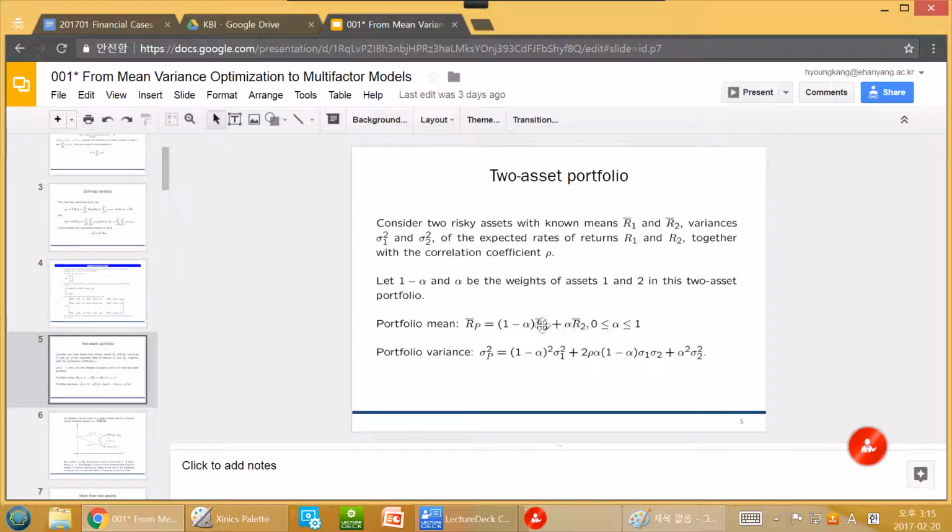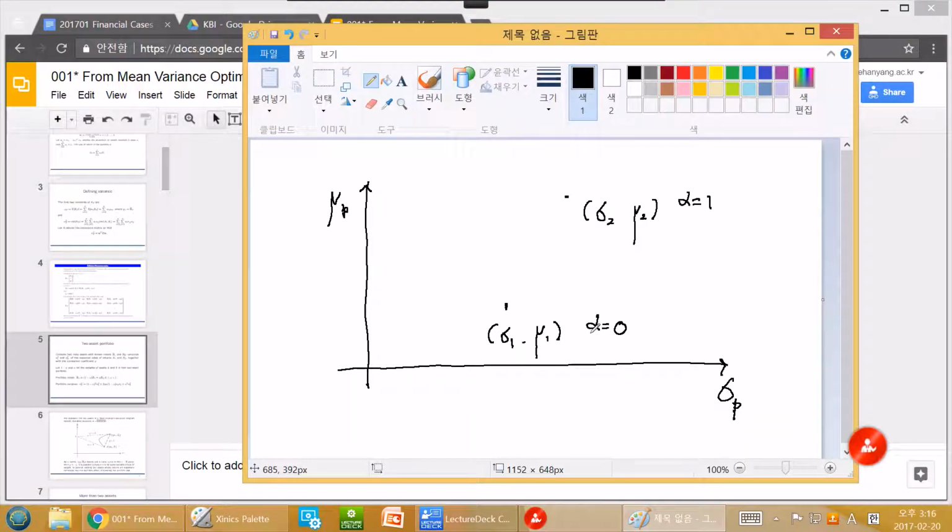When alpha is 0, we hold only the first asset. So these exact points are the performance of the portfolio when alpha is 0 and alpha is 1. Now our question is, what would be the profile of standard deviation and return when we change alpha? We will cover that topic in the next class.